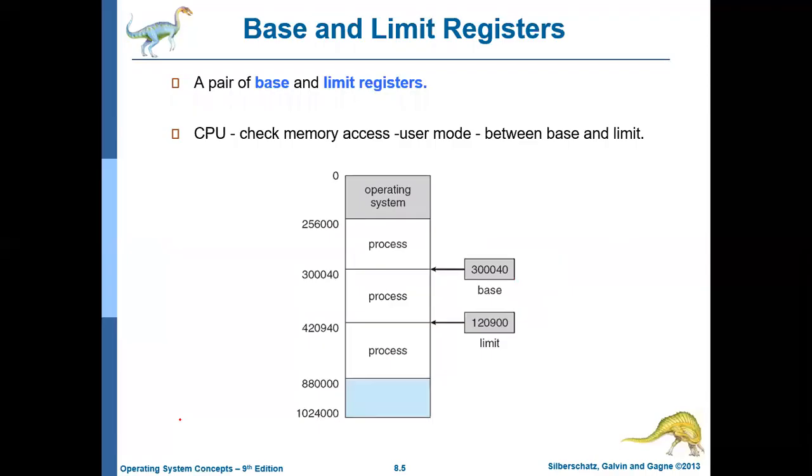So every user process will have a certain limit of memory. They can access only those locations. They cannot access beyond that. If a user process is allocated some X amount of memory, it can access only that much. So this should be ensured.